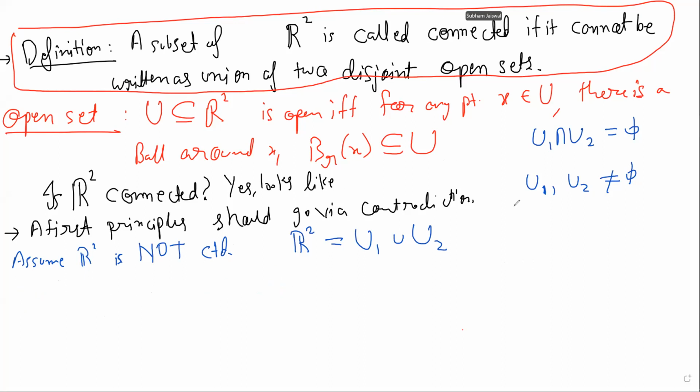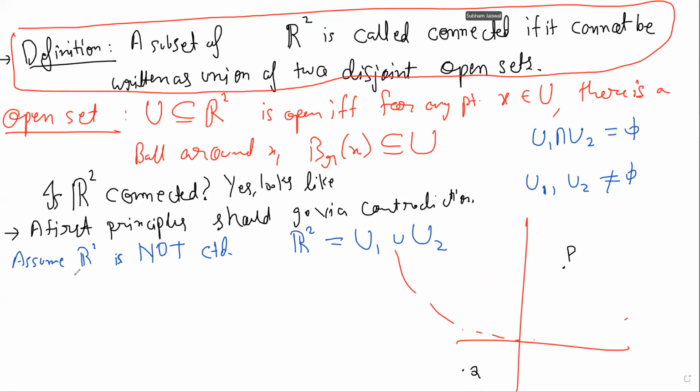So basically, see, if something is a union of two open sets, let's say these are the two open sets. Maybe we cannot really draw it because it doesn't exist, but let's say like this, and you break it. Then my point is that you will find one point P in the first open set, and you will find another point Q in the second open set, because they are both non-empty.